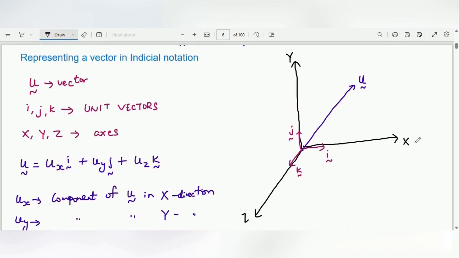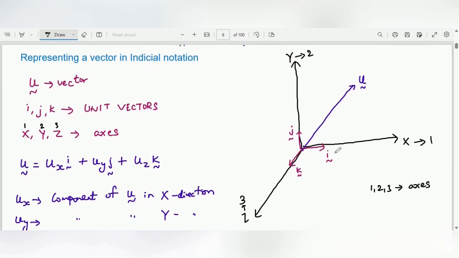Instead of x, I have 1. Instead of y, I have 2. Instead of z, I have 3. I'm just renaming the axes. So 1, 2, and 3 are my axes.